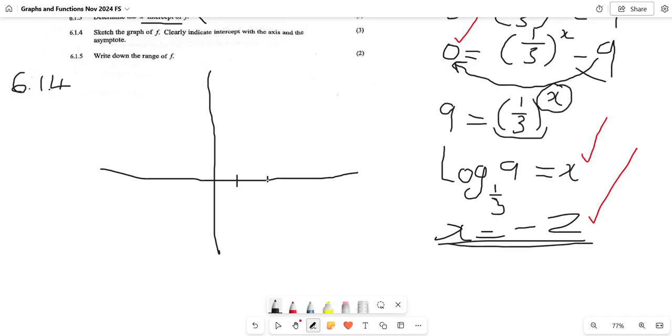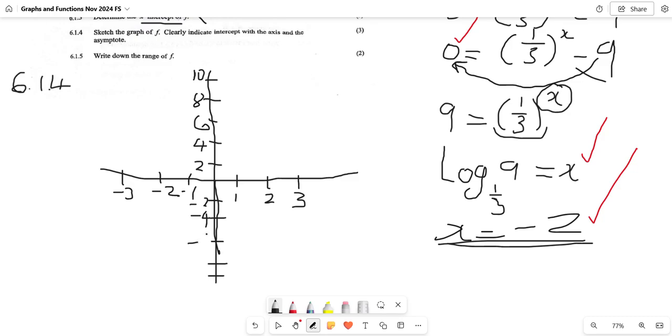Then we are going to have -1, -2, and -3 on the x-axis, and then 2, 4, 6, 8, 10 on the positive y-axis, and -2, -4, -6, -8 on the negative side.